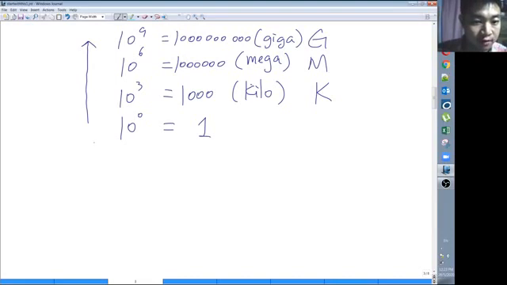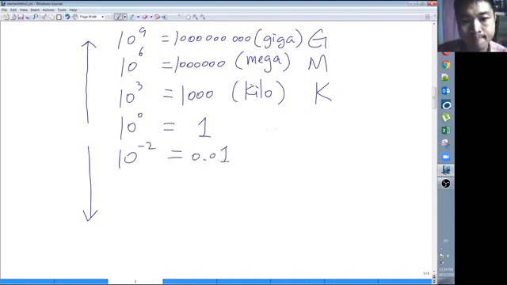Okay, so if I'm going to go to the lower range below 10 to the power 0, or below 1, let me start off with the first one. The first one you start off with is 10 to the power negative 2, and you should get 0.01, and you are going to use centi to represent this 0.01, and the letter you use is c.